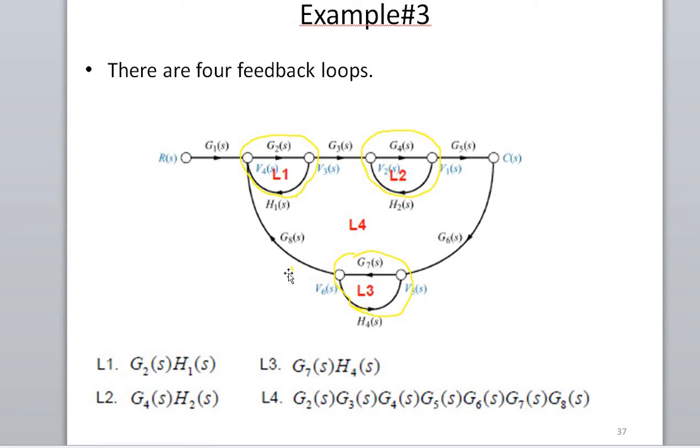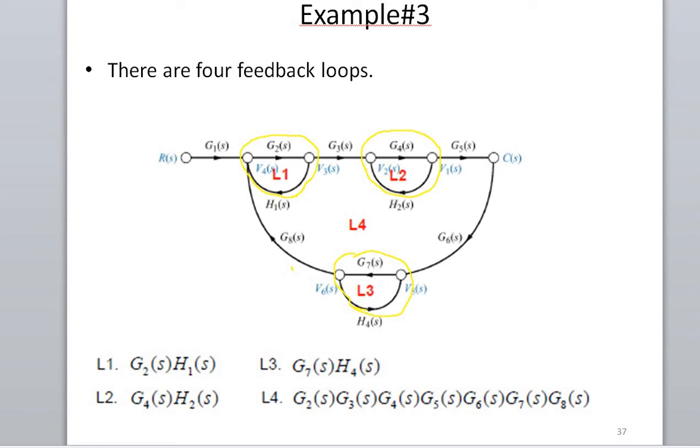We can call it L4. L4 has the gain G2(s) into G3(s), G4(s), G5(s), G6(s), G7(s), G8(s). So we can see that there are 4 loops in this SFG.